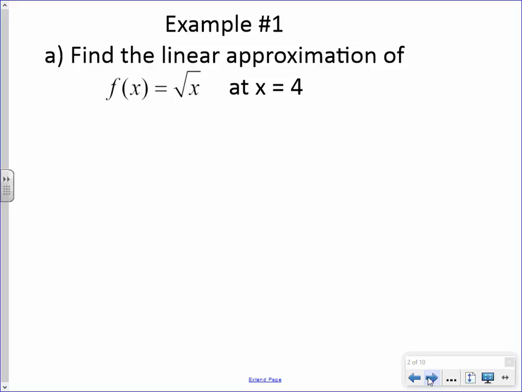We need the y value. If our x value is 4, what is our y value? 2. What else do we need? We need slope. And how are we going to find slope, Josh? Derivative of the square root of x. How do we find it, Joe?